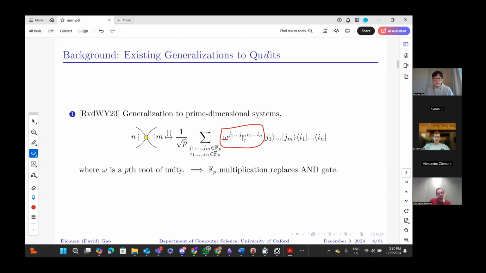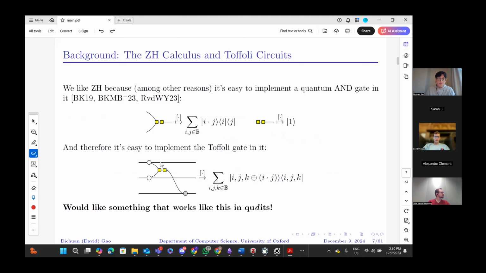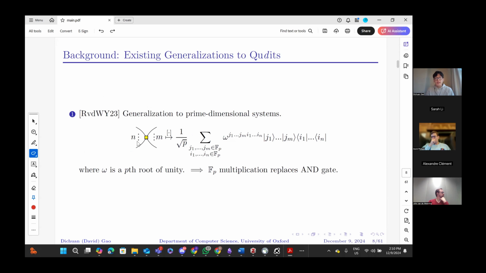And then the rest of the structure is just the same. So if you take this diagram, but draw it out in this new qupit ZH calculus, then you get multiplication in F_p. F_p, if you're not familiar with this notation, is just the cyclic ring Z mod pZ, so addition and multiplication defined modulo p.